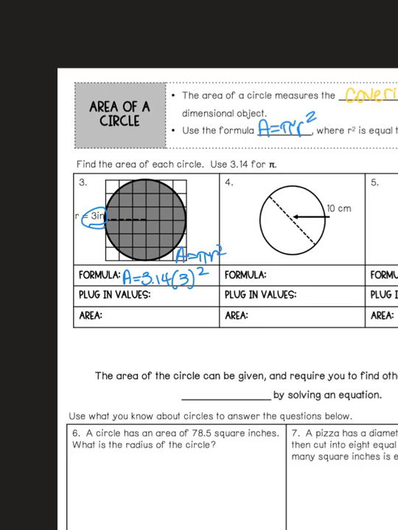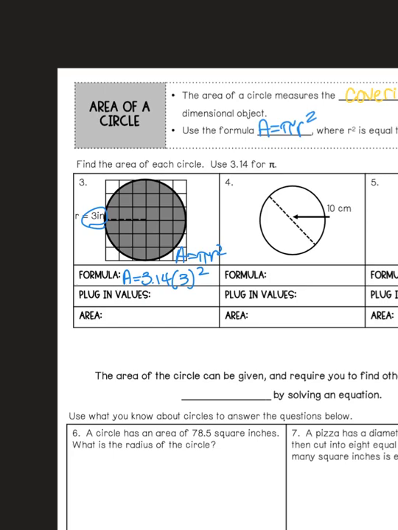Oops. Okay, I know that 3 squared is 9, but I still want to make sure that you know when you put it in your calculator, that 3.14 times 3 squared, you need to make sure that you're not doing 3.14 times 3 enter squared, because the only thing that's getting squared is that 3.